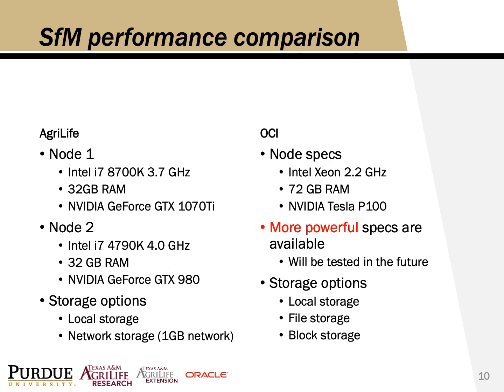The first one is a little bit more powerful machine than the second one, and the second node is equipped with the Intel i7 4790K CPU with 4 GHz clock speed, 32 GB of RAM, and an NVIDIA GeForce GTX 980 GPU.